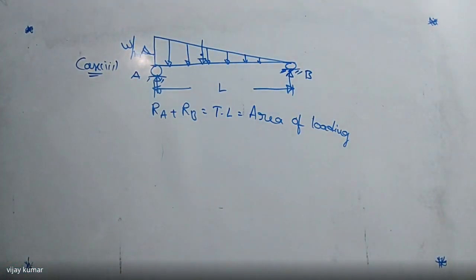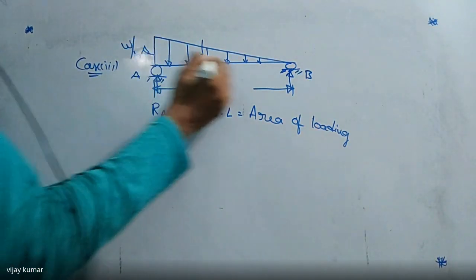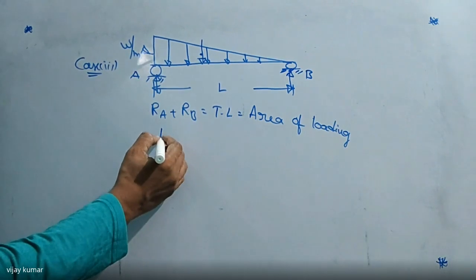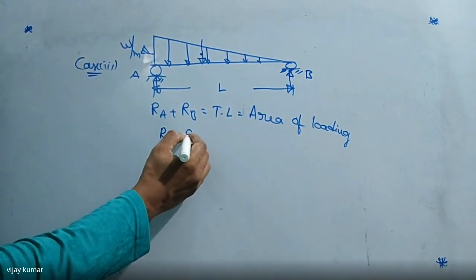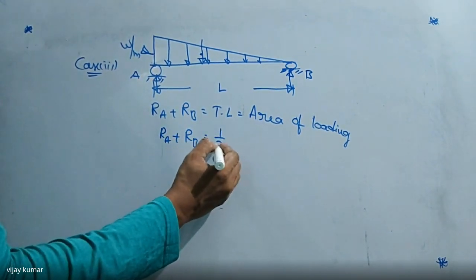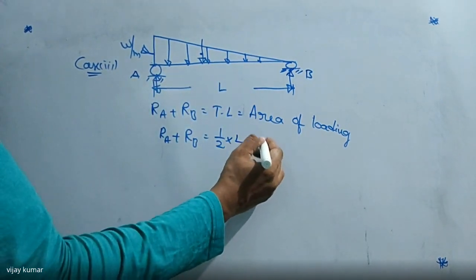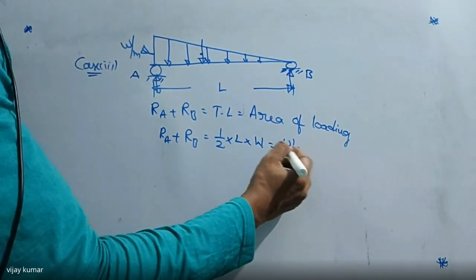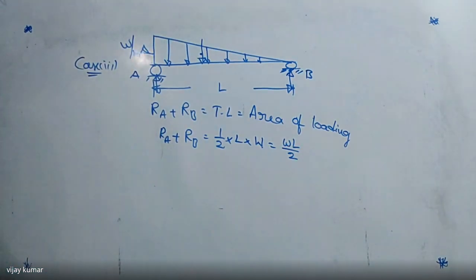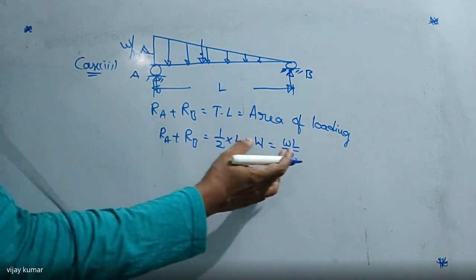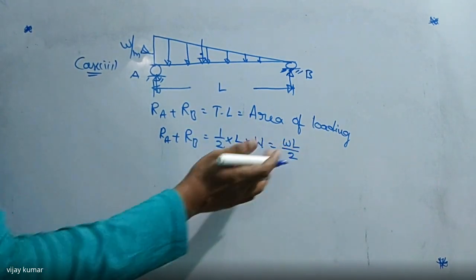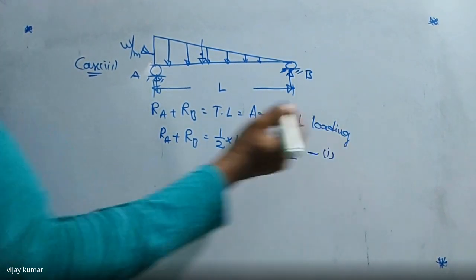This load is in the form of a triangle. So I'm writing RA plus RB is equal to half into total base, which is L, into height, which is W. We get WL by 2 as the value of the total load. Then RA plus RB is equal to WL by 2, which is the first equation.